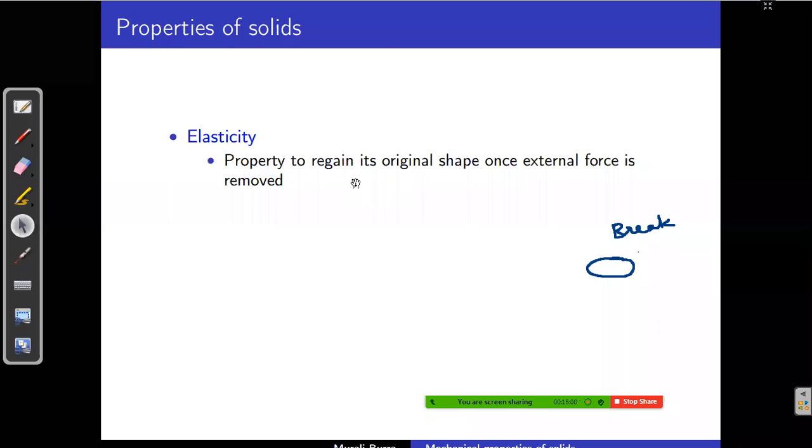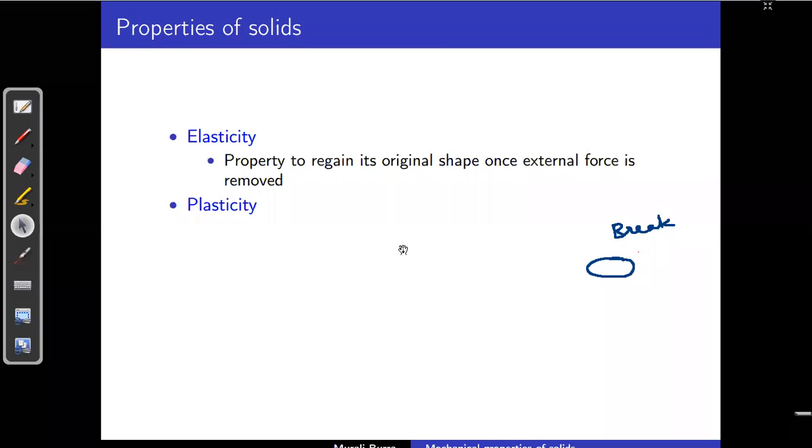Such a property we call elasticity. Next is plasticity. If it does not regain its original shape after we apply force, and it changes its shape, that is plasticity, the property of permanent deformation.